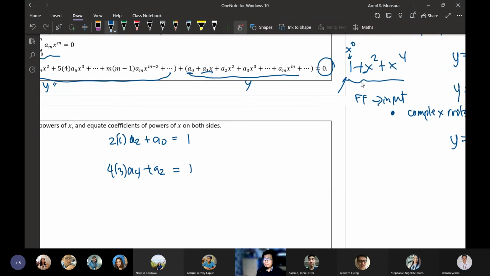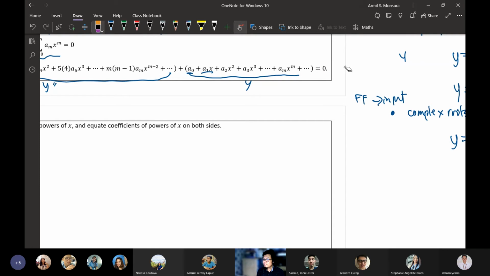If that is polynomial here, paano kung hindi siya polynomial? Halimbawa, instead of that, ang nakalagay naman sa right side nyo, your forcing function is, say, for example, e raised to x. What you do here is you express this e raised to x in terms of its Maclaurin series. In this case, that Maclaurin series is summation of 1 over m factorial times x raised to m for m equals 0 up to infinity.